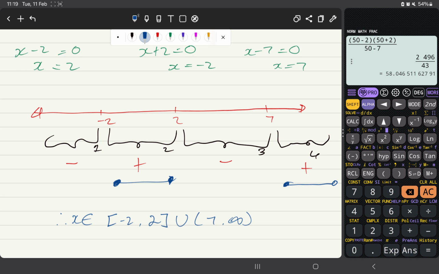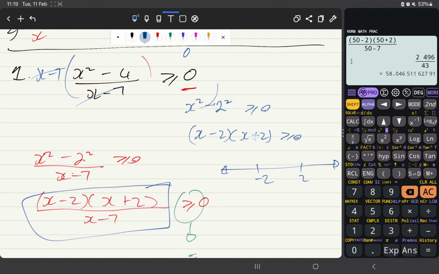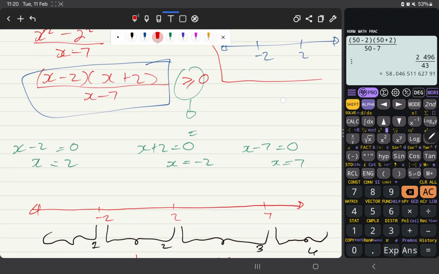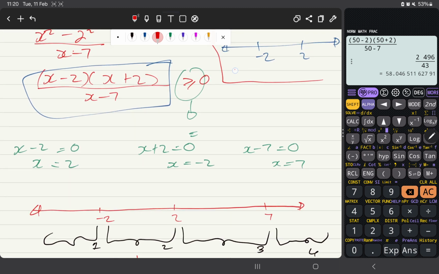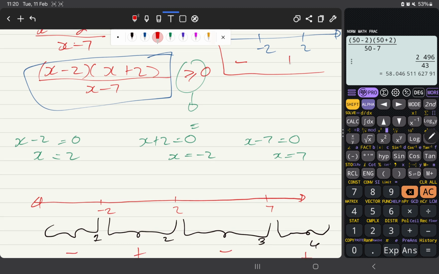But remember, if you had done it just like multiplying x minus 7 throughout and therefore it disappearing, you're gonna have something like this, right? Of which in this case it was gonna be negative, positive, negative, right?